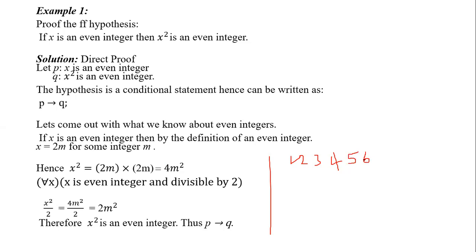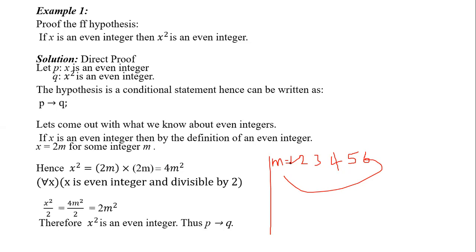For this even integer, let's make it m. So m can be 1, 2, 3, 4, 5, 6, 7, going to positive infinity.